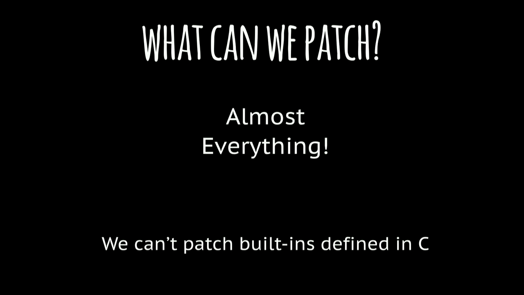And if in Ruby we can patch everything, in Python we can patch almost everything, because on Python level we can't patch built-ins defined in C. There are some solutions for that case too, patching on C level, but we won't discuss them today. So, as you can see, monkey patching is a very interesting tool. It gives you a lot of opportunities and also imposes great demands on the person who uses it.